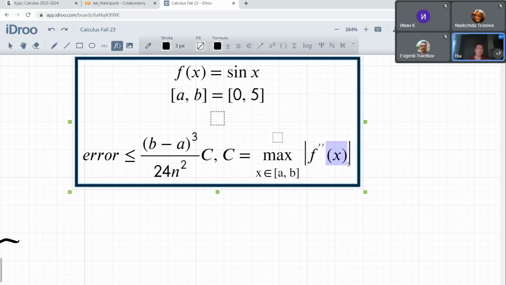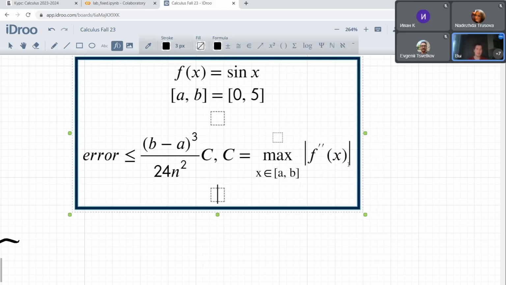For example, in our case, what can we say if a is 0, b is 5, and the function f is sine x? What can we say about the maximum of the modulus of the second derivative of f on this segment? It's minus sine. Sine of 0 is 0, then maybe it's minus sine of b.